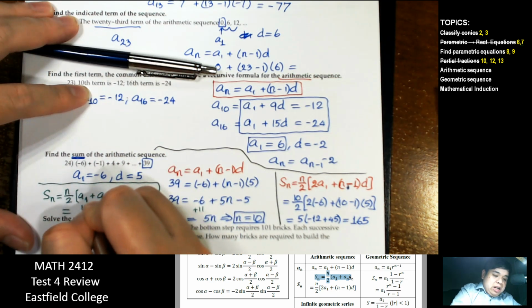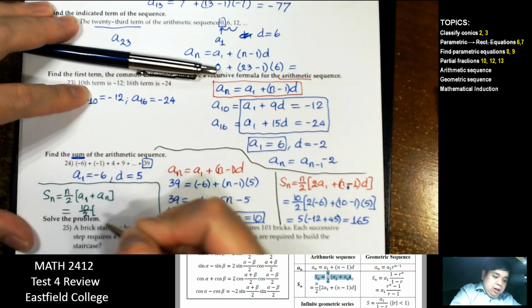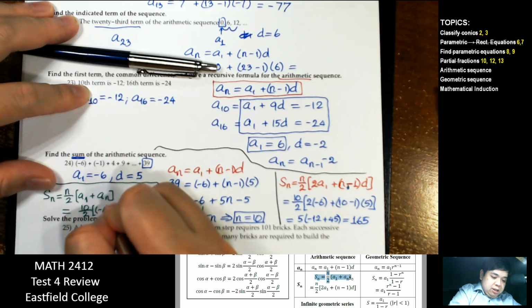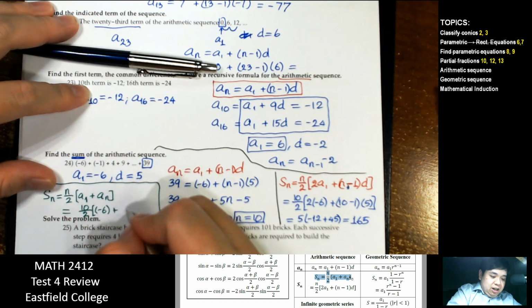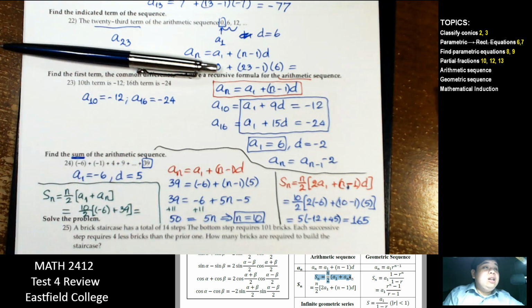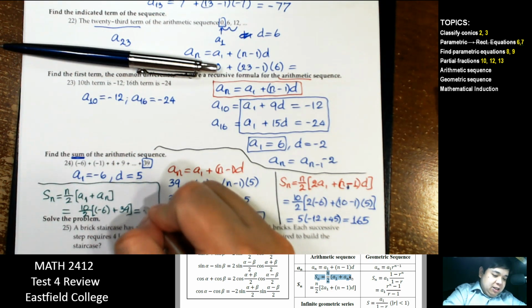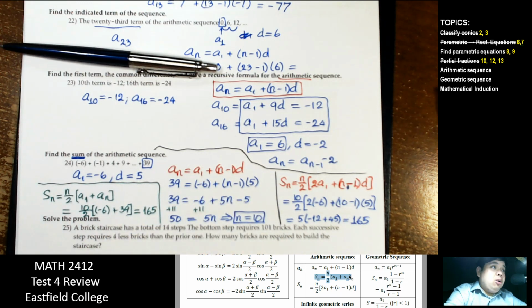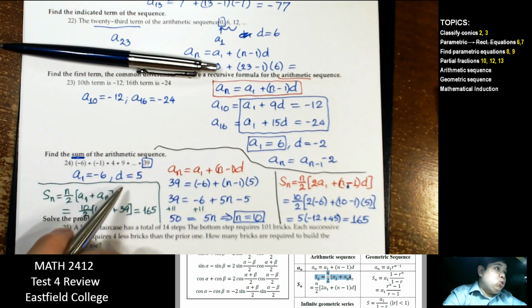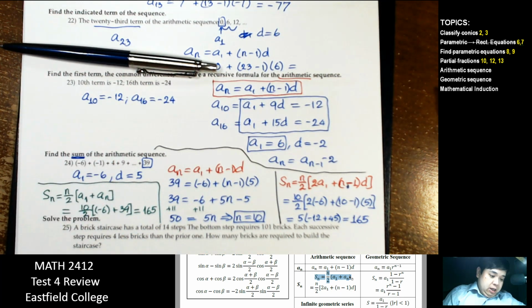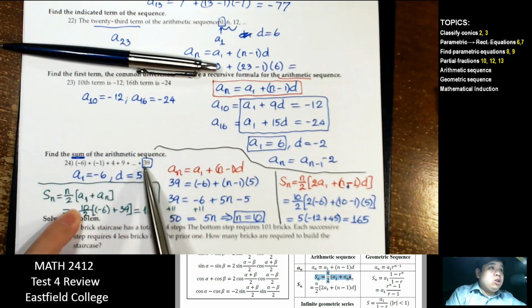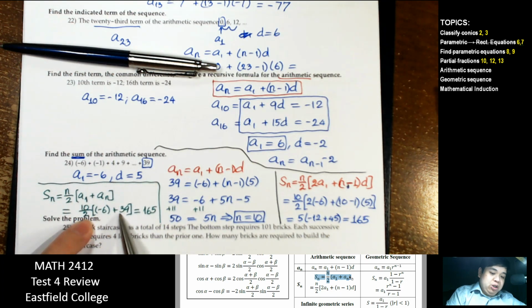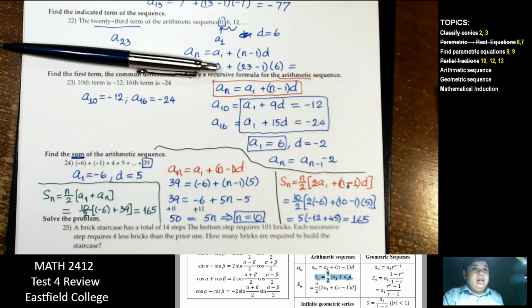We know there are 10 terms. The first term is negative 6, and then 39 for the nth term. Do that, and we should get the same thing. So the first term and the difference, usually we know those. Just need the number of terms, or sometimes we know the nth term and we use that. That works just fine. So either of them is fine.